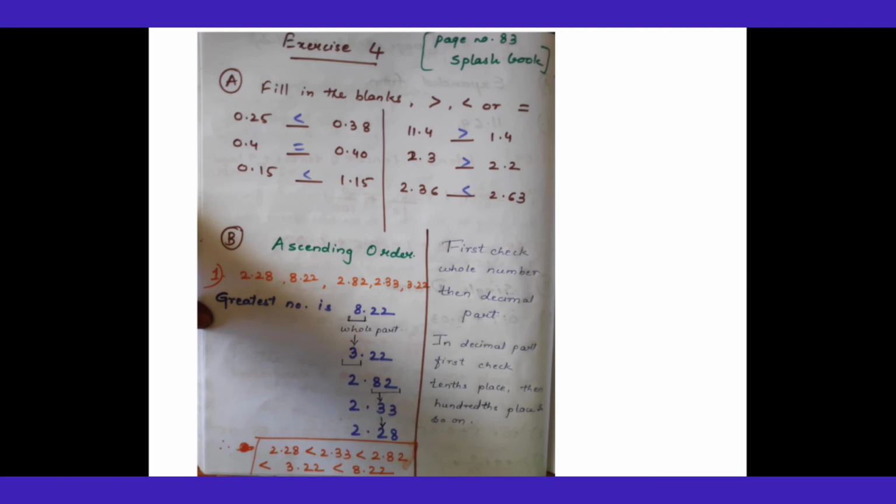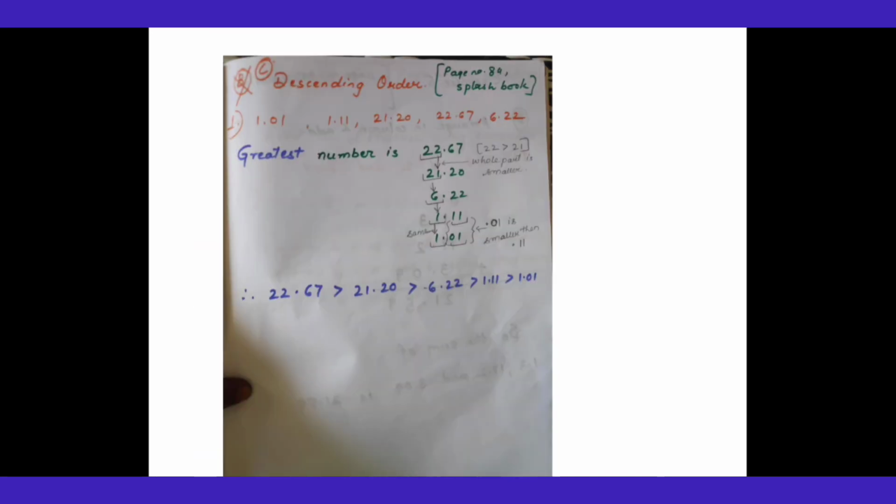Now here 3 numbers have 2 as the whole part, so compare the decimal part, that is 8, 3 and 2. So the answer will be 2.28 is less than 2.33, is less than 2.82, is less than 3.22, and it is less than 8.22. Okay.